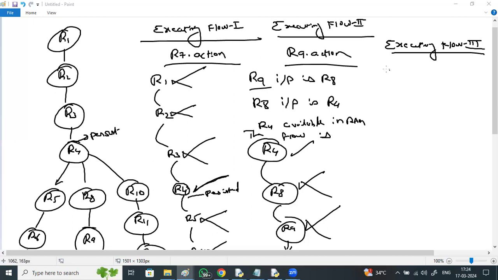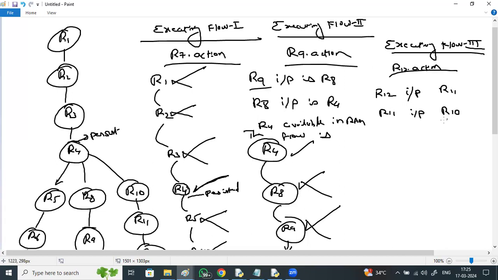Here in this flow 3, you observe R12 dot action. Once R12 action is called, it will check, okay, where do I need to start from? How does it check? R12 has to get its input from R11. R11's input, where does it have to get it from?